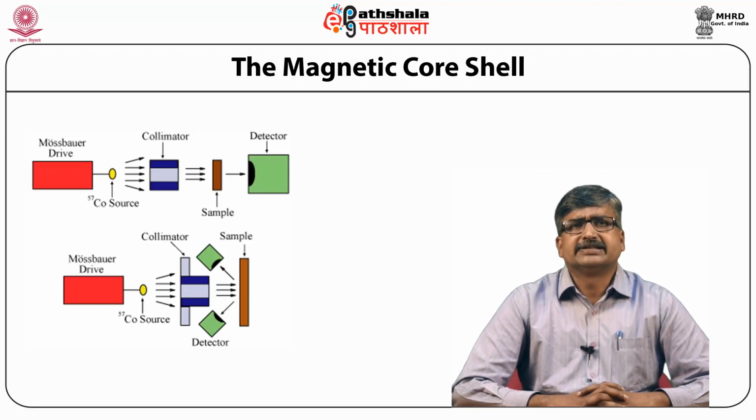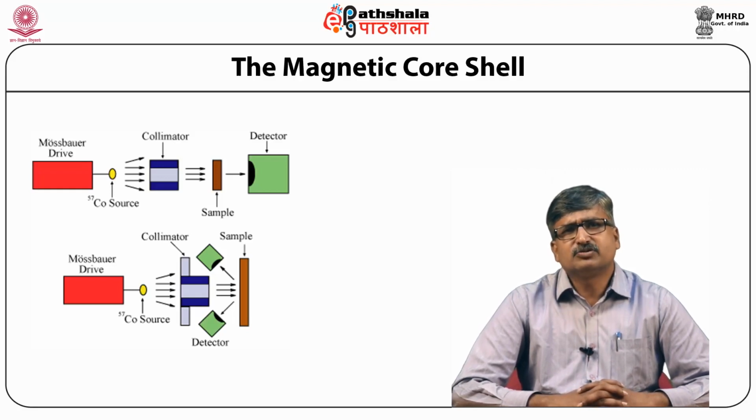Saturation magnetization less than the bulk value may indicate some changes in the magnetic spin structure. Evidence for the magnetic spin structure of fine particles, which differs from that of the bulk, is obtained by using Mössbauer spectroscopic studies.